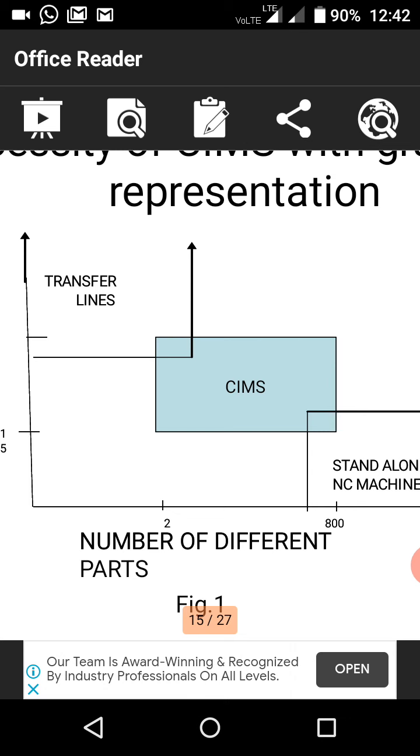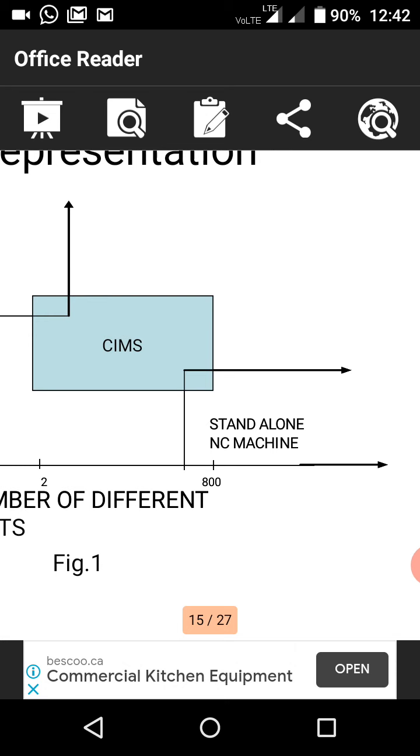So what does this transverse line do? A transverse line is a manufacturing system which consists of a predetermined sequence of machines connected by the automated material handling system. It controls the sequencing of the machines. Next, it is attached to the standard alone NC machine.